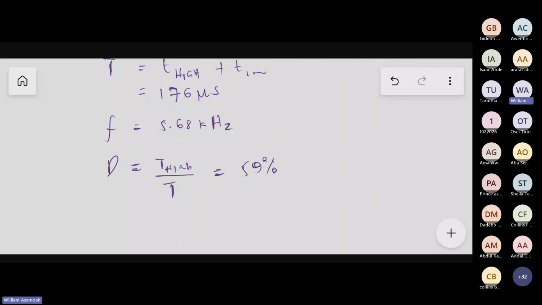I'm having some delays from the electrical 200B, so I've not even started ordering because they're yet to give me their list. I'm hoping to get them as soon as possible before this week ends. So you are to solve all the problems here as an assignment, right? Practice problems for week 3. All the questions here, just solve them for your assignment to be submitted in class on Monday.